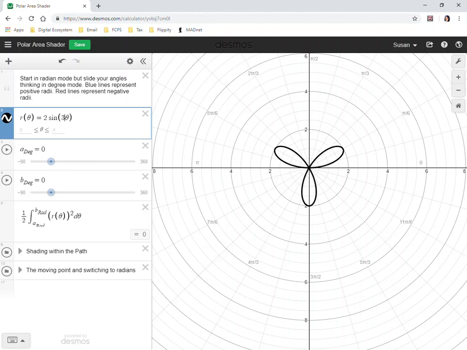Okay, so see how this interval is 0 to pi? Because if I went 0 to 2 pi, it would overlap twice. So that's important for you to know. You can only go 0 to pi. So as I calculate area, the actual petal starts at 0 here, and then it ends back at pi over 3.